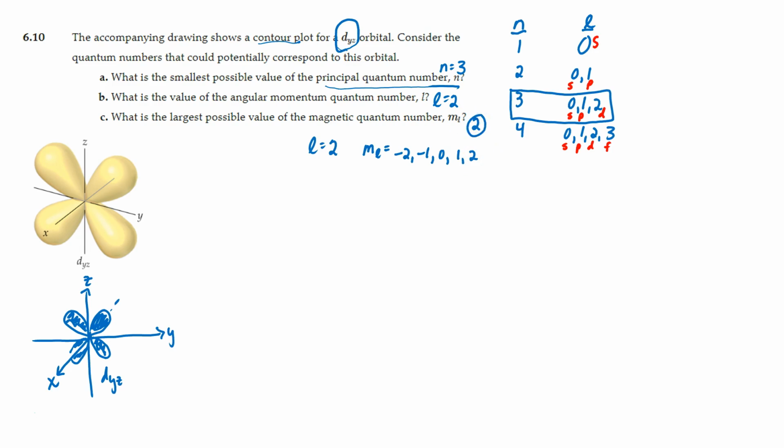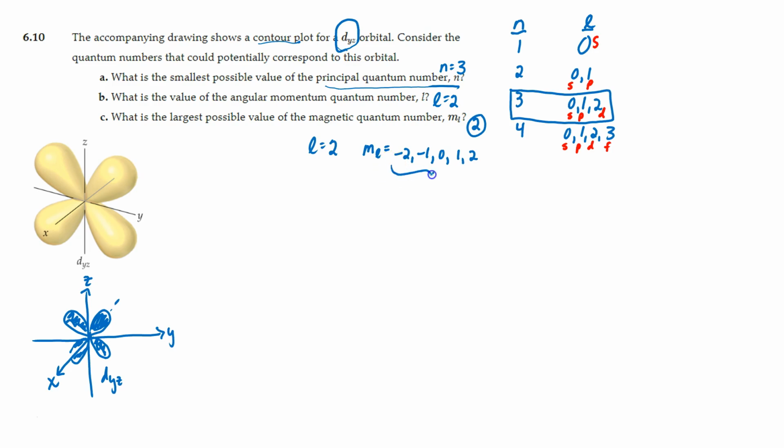So we've answered all of the questions, but I want to talk a little bit more about these values of m sub l. Notice that m sub l goes from -2, -1, 0, 1, and 2.